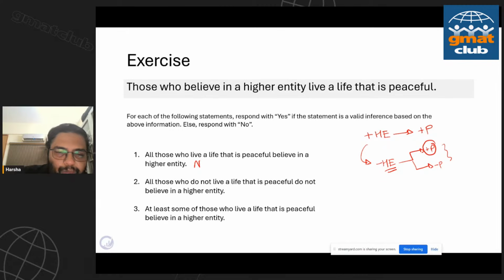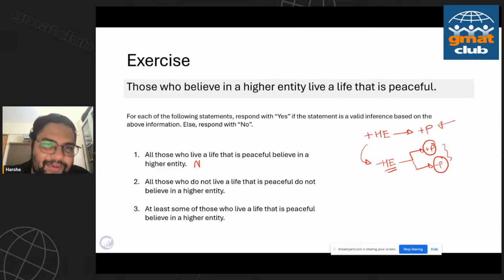What about the second one? All those who do not live a life that is peaceful do not believe in a higher entity. What if I tell you the answer for this might be yes? Think about it. Look at the people who do not live a life that is peaceful. You notice that there is no such person in the bucket of believers.